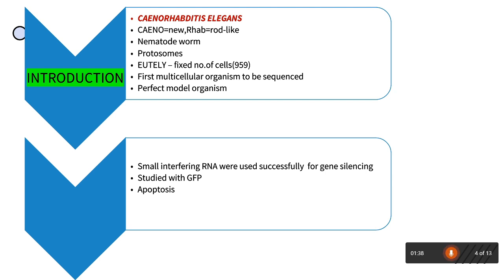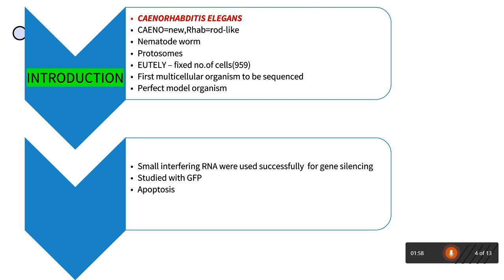Here C. elegans is a protostome, and it possesses a feature called eutely. Eutely means a fixed number of cells. That is, in every species, the number of cells is fixed. And it is the perfect model organism in developmental biology.